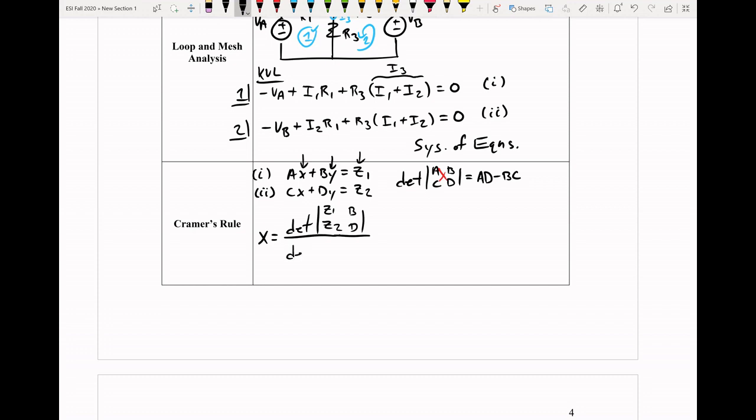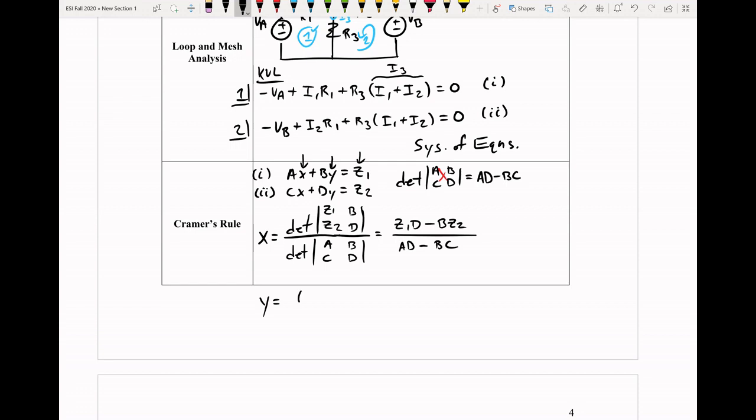And then down in the denominator, we're just going to keep the X and Y columns the same. So this will be A, C, and this will be B, and then D. And what this will end up being is Z1 times D minus B times Z2 over AD minus BC.